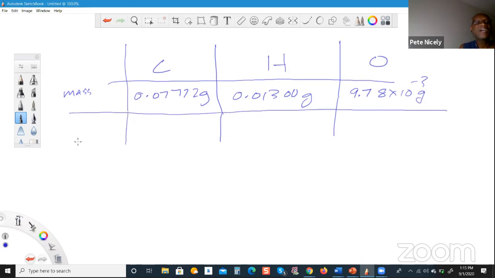In other words, we calculate the moles at this point. So we're going to take 0.07772 grams and multiply it by 1 mole over 12.01 grams. And then do the same thing for the hydrogen.